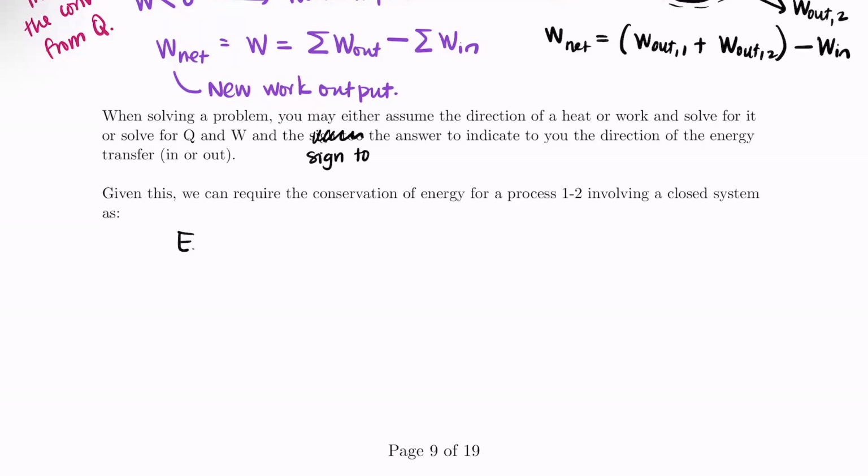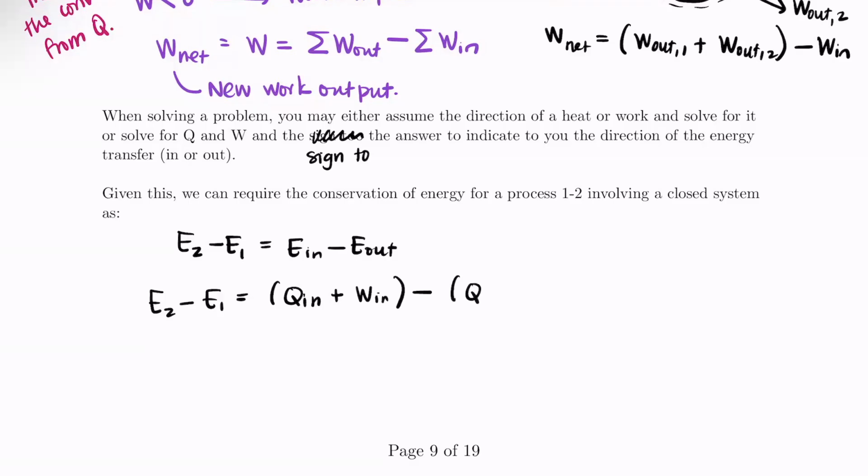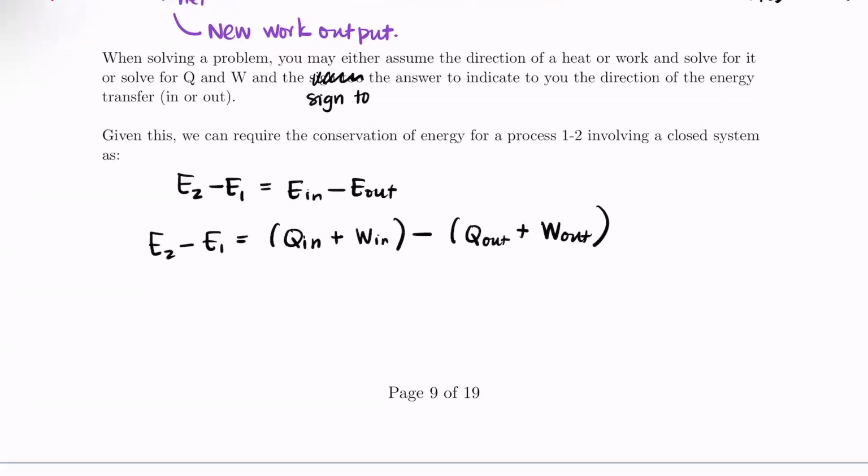So we can say E2 minus E1 is equal to E in minus E out, or E2 minus E1 is equal to Q in plus W in minus Q out plus W out. Okay, I'm going to do a little bit of rearranging here.